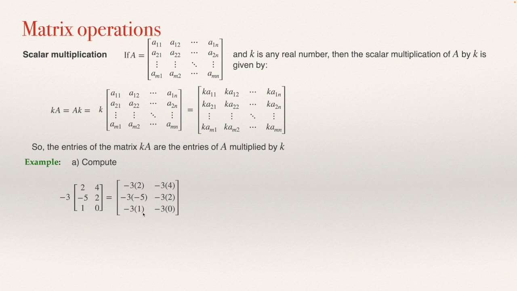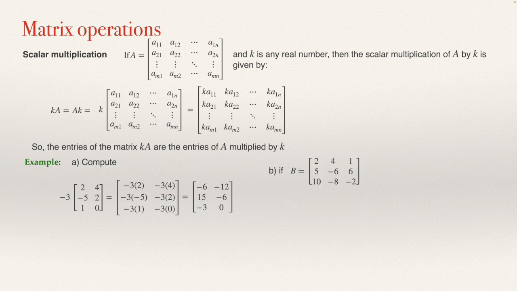So you have multiplied every entry of the matrix by this -3. If you do that, here will be -6, this will be -12, this will be +15, this will be -6, this is -3, and this is 0. So you can type the matrix. The answer will always be a matrix of the same size.